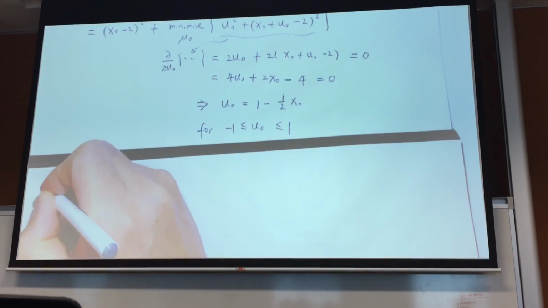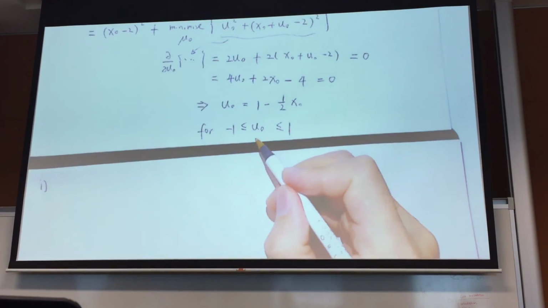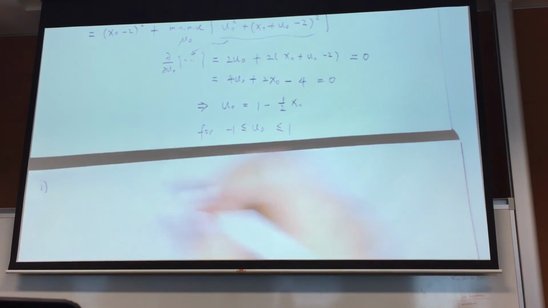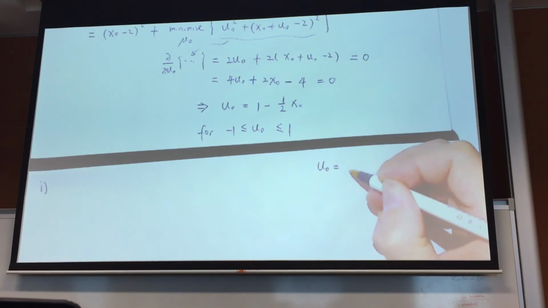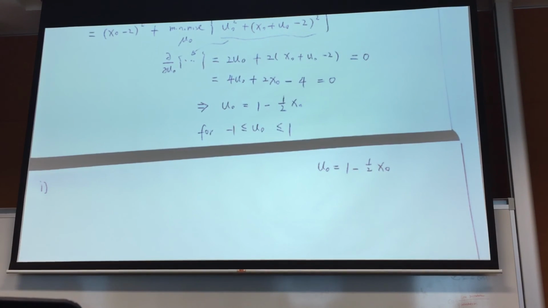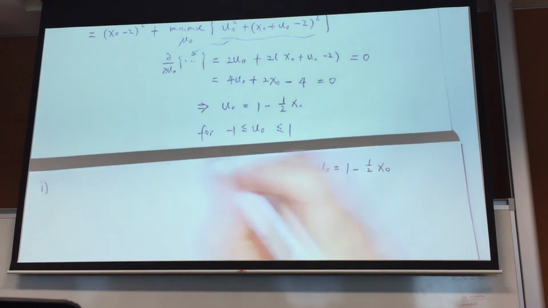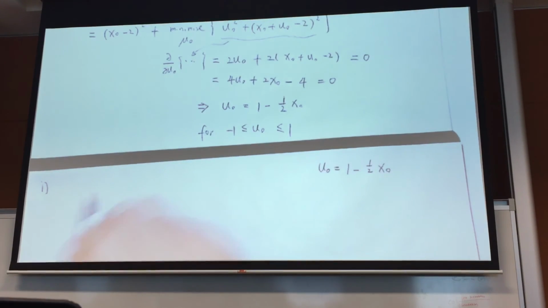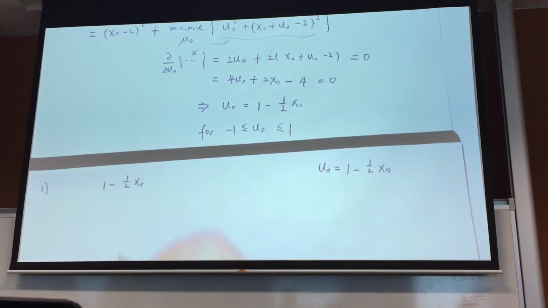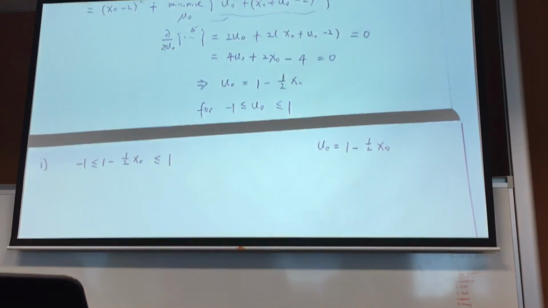There are several scenarios for this one. The first situation is if u0, which equals 1 minus a half x0, is between minus 1 and 1.